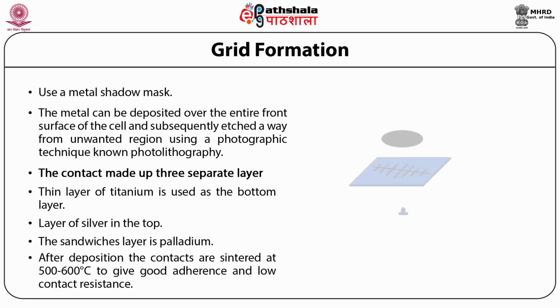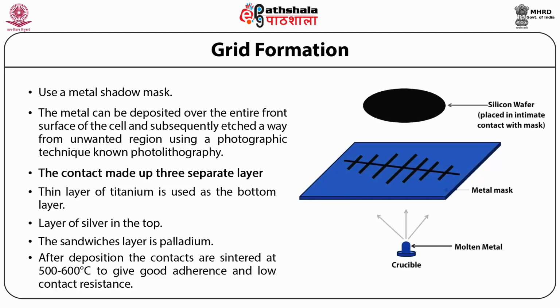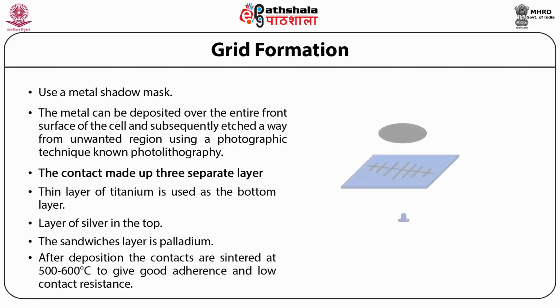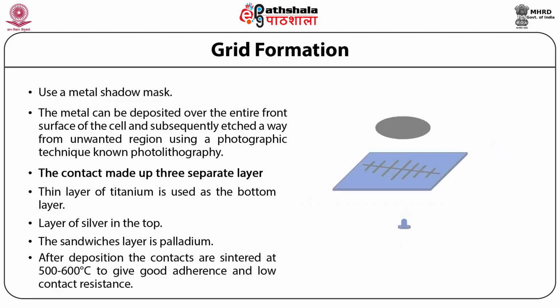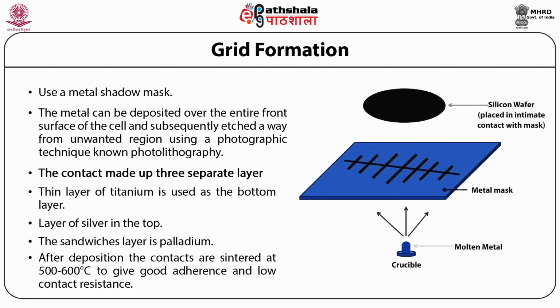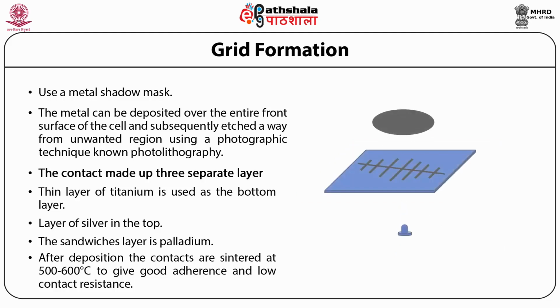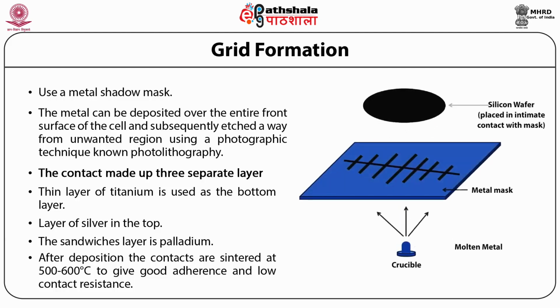The palladium layer between the titanium and the silver layers is deposited to prevent the electrochemical reaction, which results in the corrosion between the titanium and the silver. Later, the front contact is annealed at 500 to 600 degrees Celsius for 15 to 20 minutes, which makes good adherence and low contact resistance.